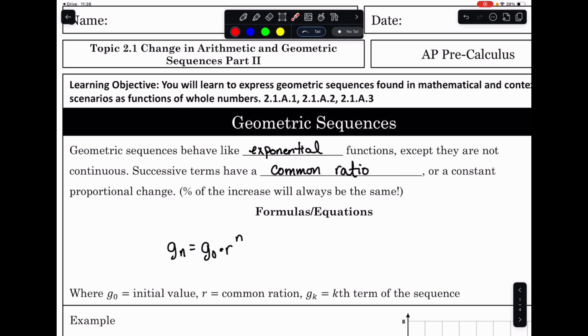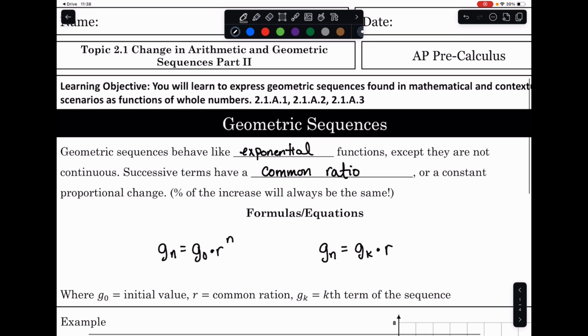Now there's a more general formula which we can use with any value. And that formula is that g of n equals g sub k, which is the k-th term in the sequence, multiplied by r to the power of n minus k.